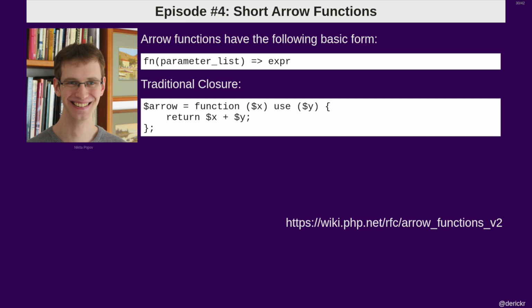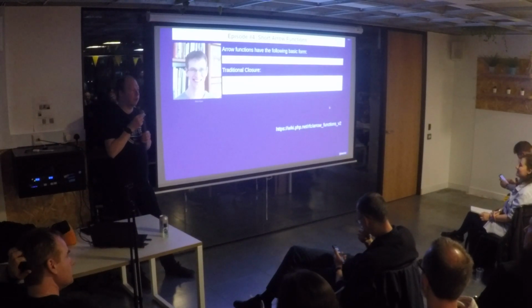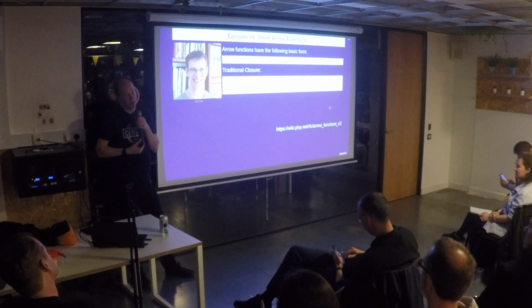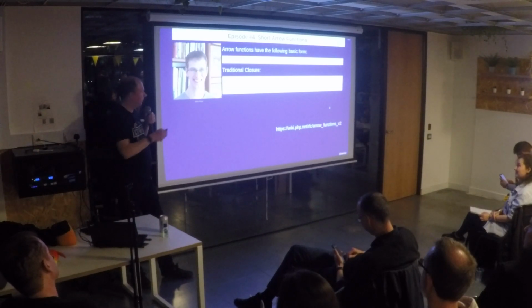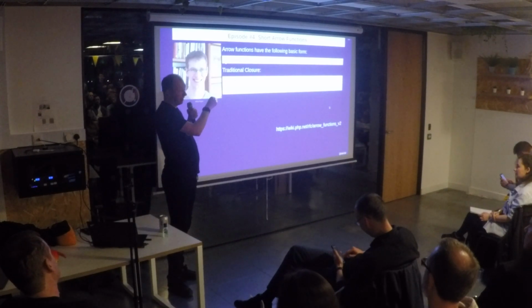Yeah. Another thing that Nikita added to PHP 7.4 is the short arrow function, or a smaller form of closure, which I think is a nice little addition. But it's only the beginning of this nice little addition, in my opinion. If we have a traditional closure like this, you have the function keyword, which turns into just fn.